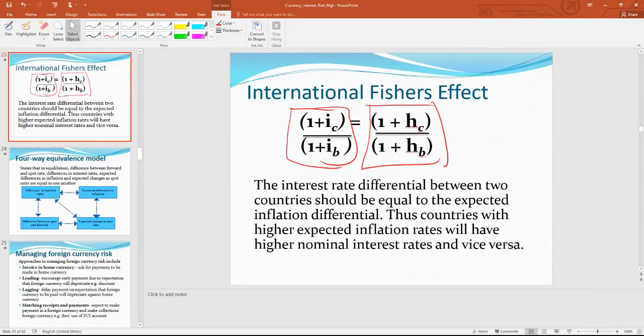That is as per the international Fisher's effect theory. Clear?